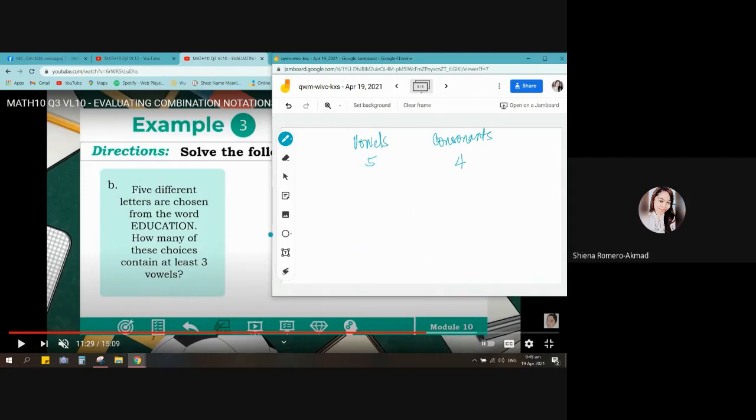So, ibig sabihin 3 or more. So, pwede tayo dito mamili ng 3 vowels. Pwede 4 vowels. Or kaya naman 5 vowels.